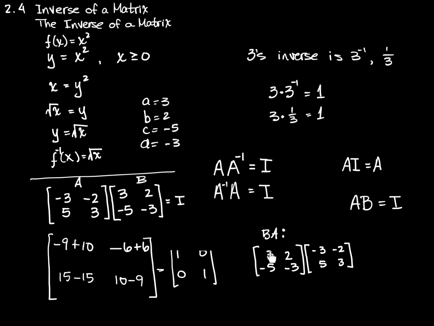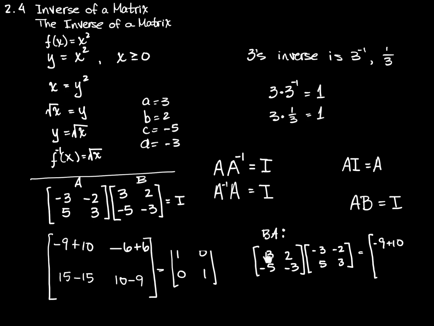And that matrix multiplication gives me 3 times -3 is -9, plus 2 times 5, which is 10. It's looking good so far. That's going to be 1.